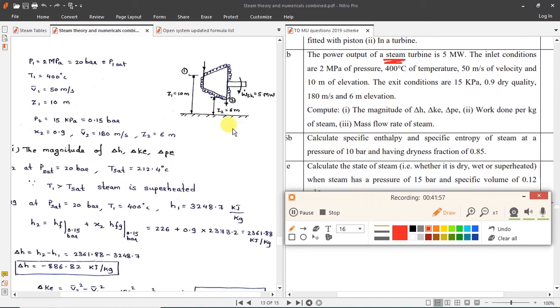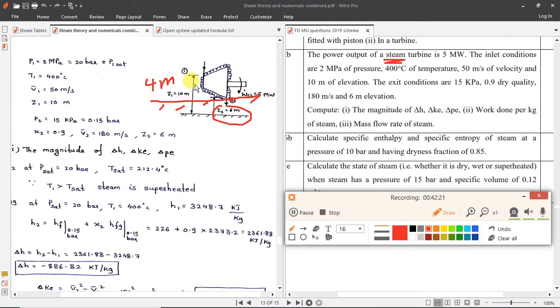They will not give this Z2 value. They will say that this is the datum itself. That also is not given. They will just say that Z1 is, what is now, 10 minus 6, it is 4 meter. So they will say the inlet is 4 meter above the exit.